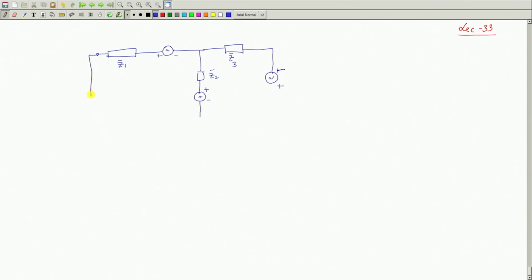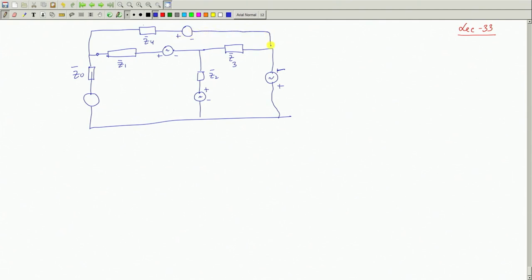And here is a source and here is another impedance, say Z0, and this is the circuit. There may be another branch here, like another impedance Z4 and another source, plus minus, like this.